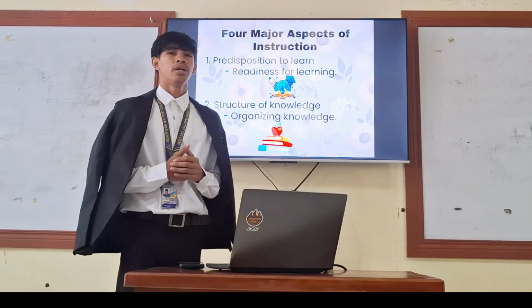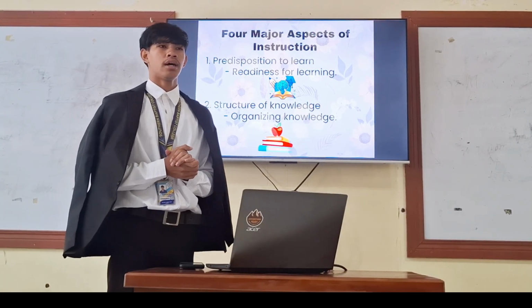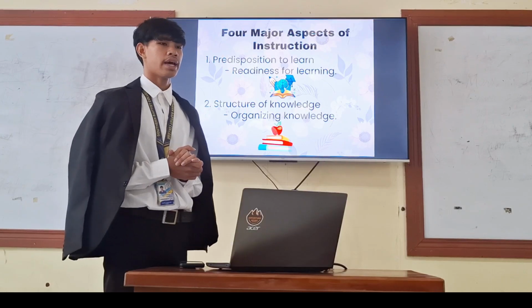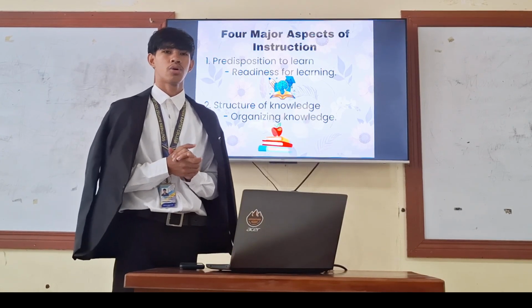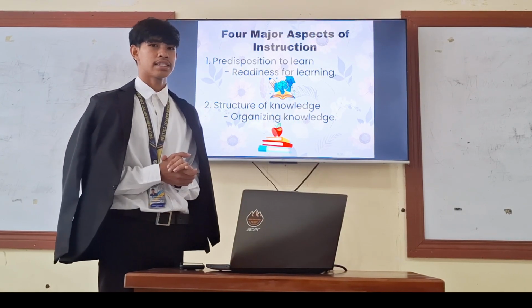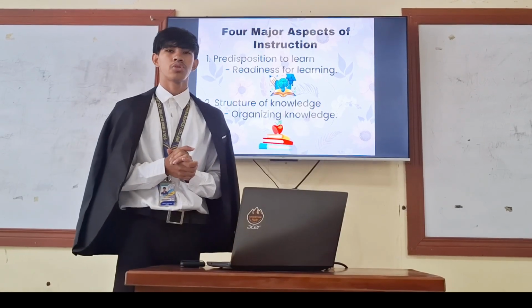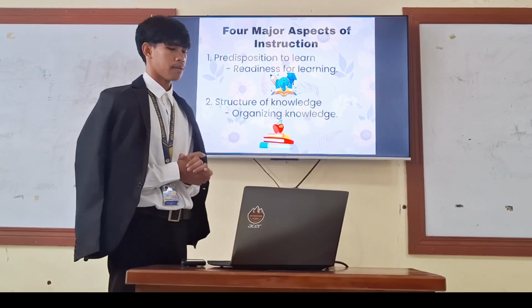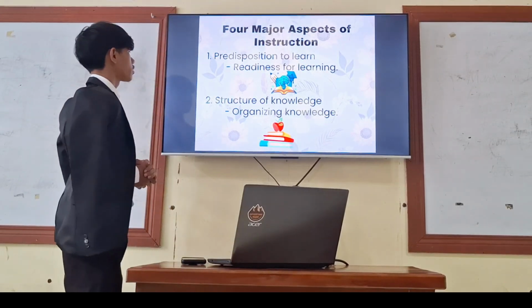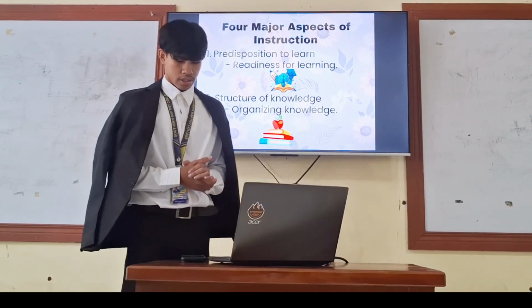Like for example, if the students find it hard to understand fractions, the teacher shows types of pizzas that will suit their age and cognitive abilities. Secondly, structure of knowledge.